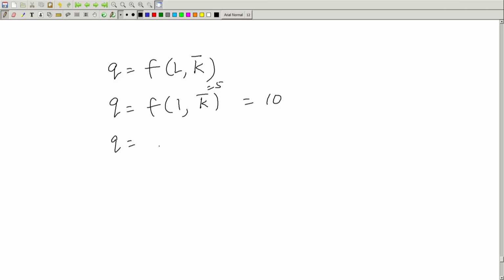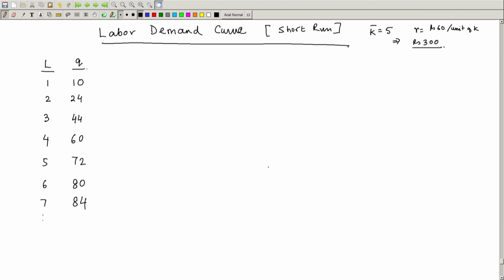The output when I have 3 labor hours and K bar fixed at 5 units is 44. This is the way I would want you to read this table. We do not have the mathematical form of the production function, but I have data in this arithmetical form.